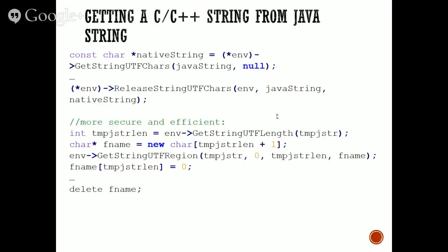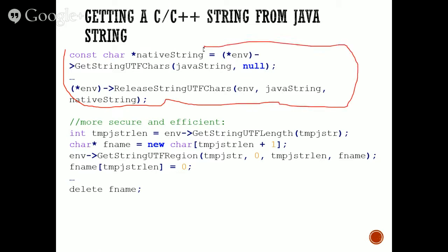Next, we'll see how to get a C, C++ string from the Java string. That is, in the native file, how to get a Java string copied to a C or C++ string. This is a syntax which is used generally, wherein from the environment variable you are calling the get string function, and you're giving the name of the Java string and also passing null as a parameter.